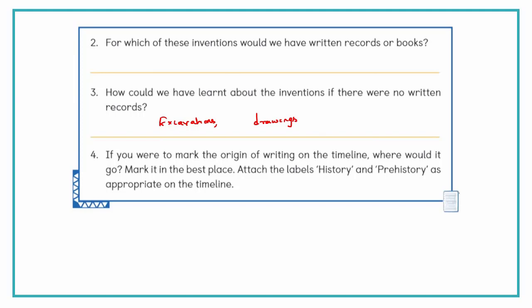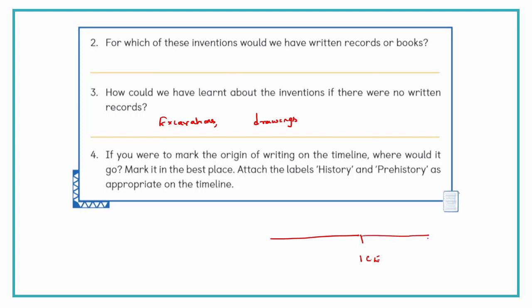Next, if you were to mark the origin of writing on the timeline, where would it go? Mark it in the best place. Attach the labels history and prehistory as appropriate on the timeline. See, suppose this is 1 CE.